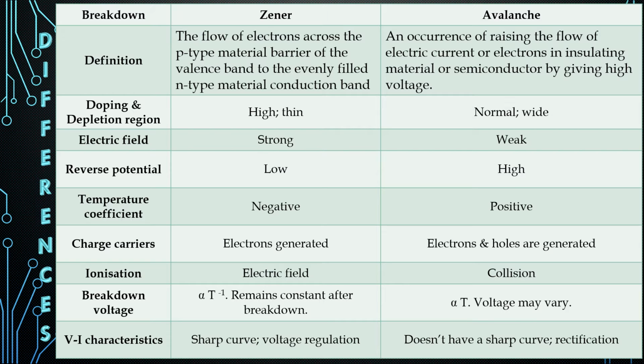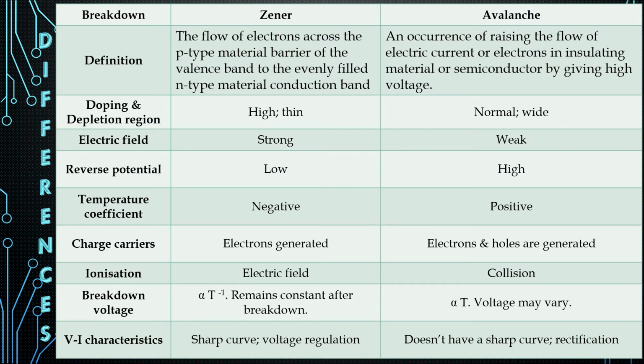The charge carriers generated for the Zener breakdown are electrons, whereas electrons and holes are generated for the avalanche breakdown. The ionization occurs due to the application of an electric field for the Zener, whereas it is due to the collision of the charge carriers with the atoms for the avalanche breakdown.